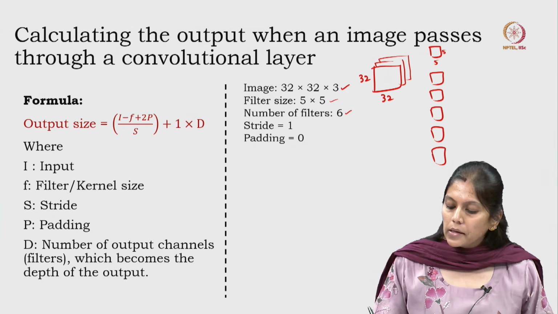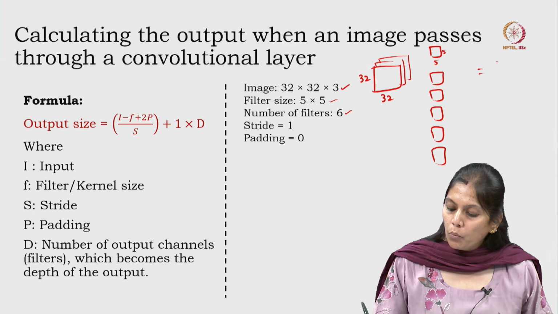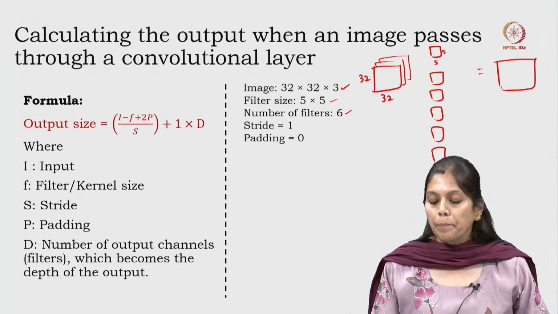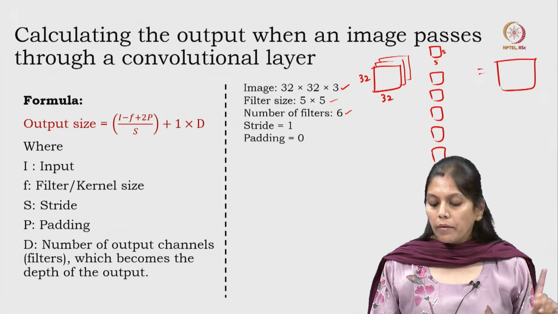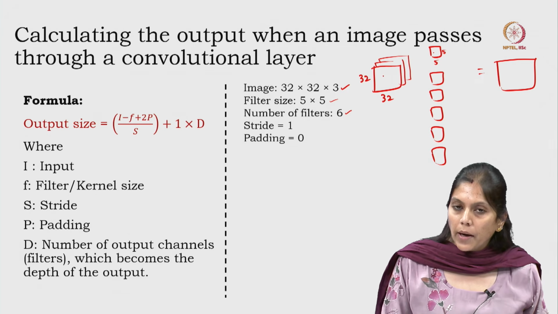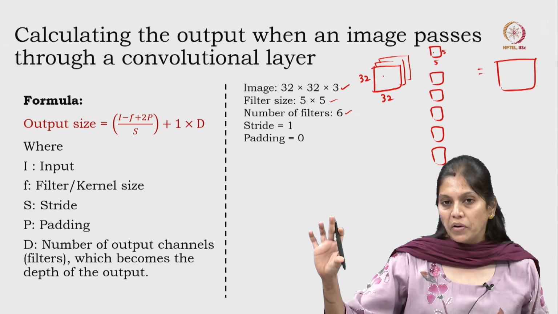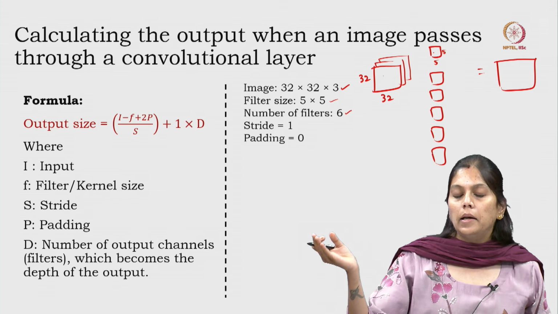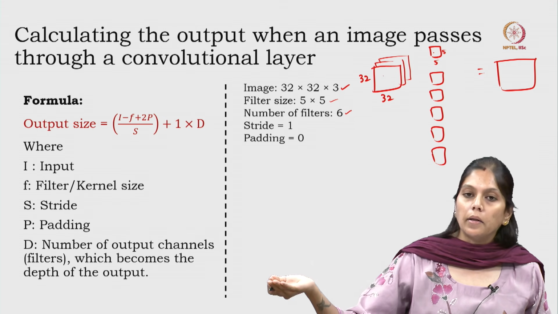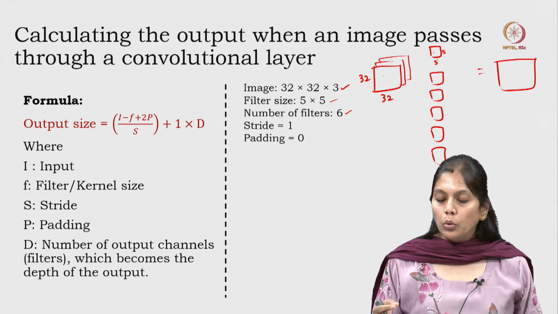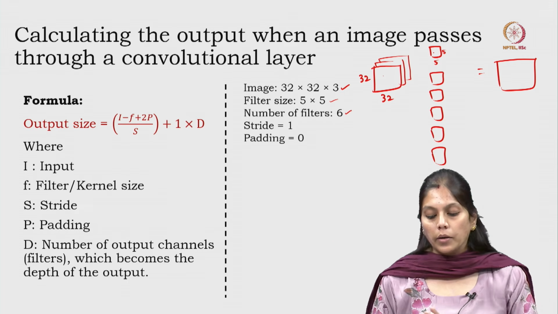If this is the case, what will be the output size? Now, you know very well that when one kernel is applied on the input, you get one feature map. When a second kernel is applied on the input image, you get another feature map. So now, what will be the size at the output?